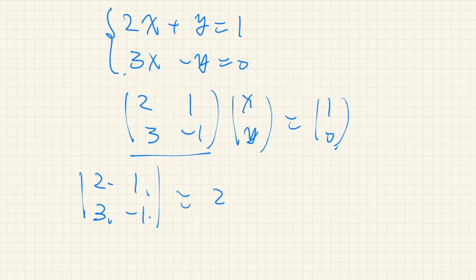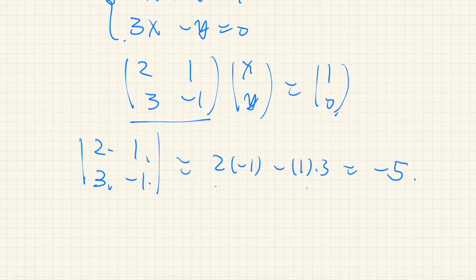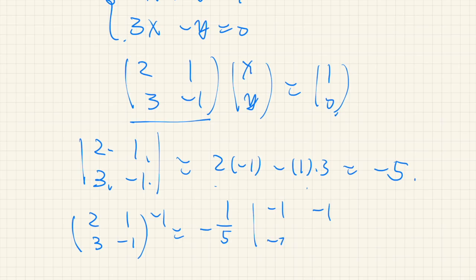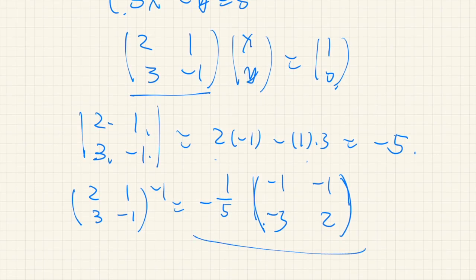So 2 times negative 1 minus 1 times 3, that is negative 5. And the inverse matrix should be negative 1 over negative 5, times [-1 -1; -3 2]. So this should be the inverse matrix of this matrix.